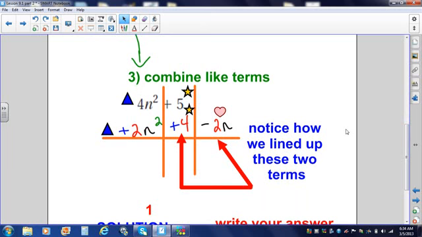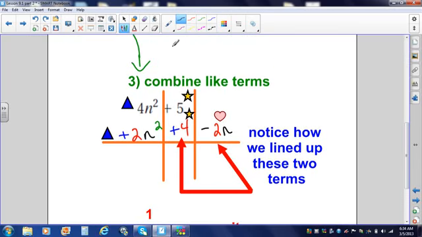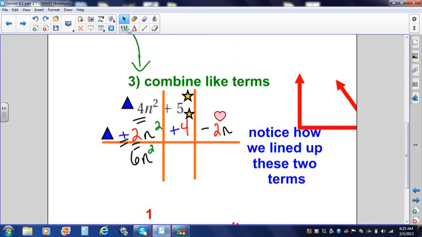So now, what are we going to do? We are going to combine like terms. I have 4 plus 2, that's going to give me 6n squared. I have a 4 positive and a 5 positive, that's going to give me +9.